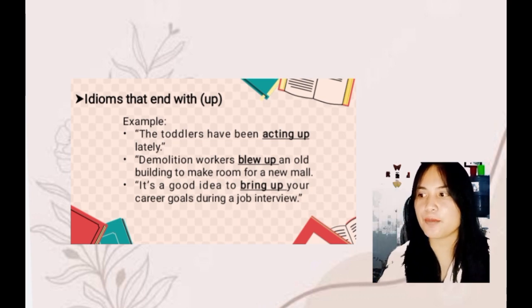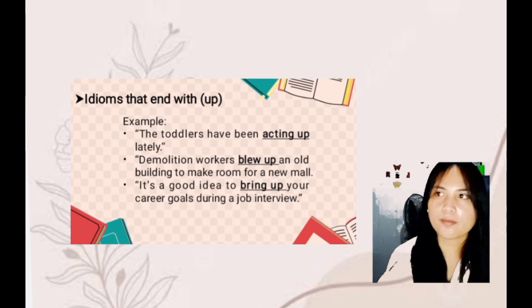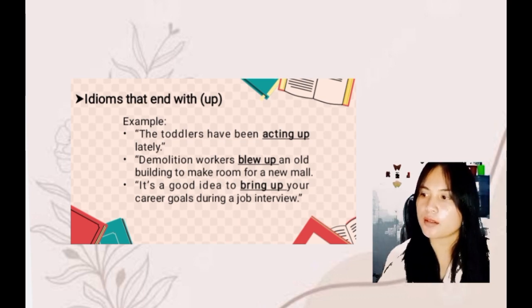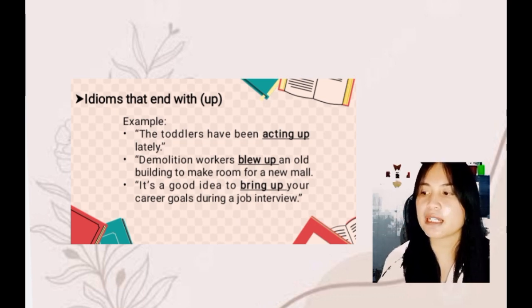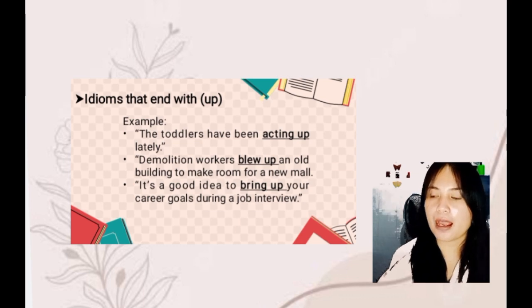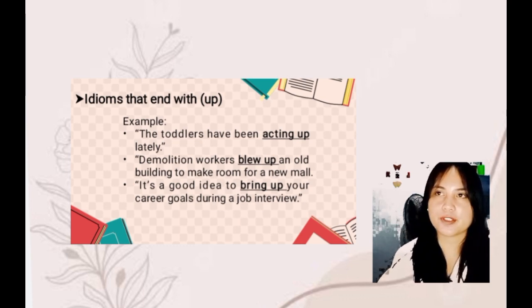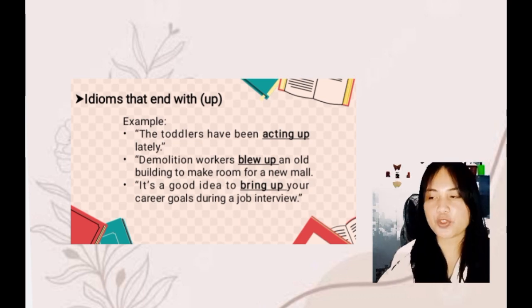So the demolition workers blew up an old building to make room for a new mall. So the preposition idiom located in the middle of the sentence is blew up. Blew is the idiom and up is the preposition.